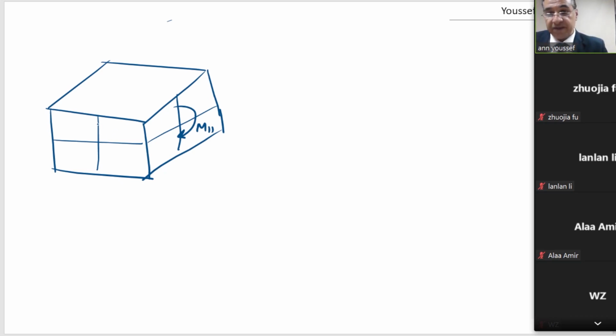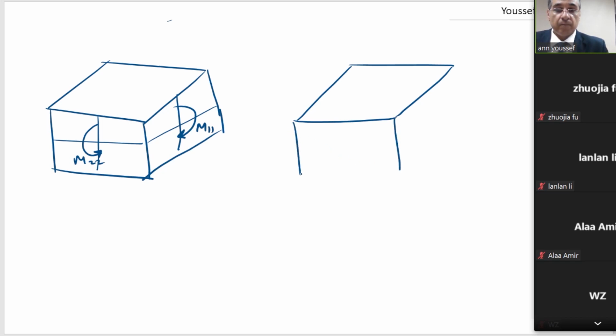Also, I'm going to use the right hand rule like this. So here we have this one, M22. Okay, the same element here. So we have M12 here, this one in plane in this area, like this. So it is like this. This is M12, is a twisting moment.